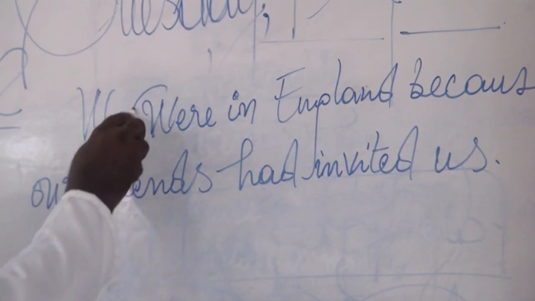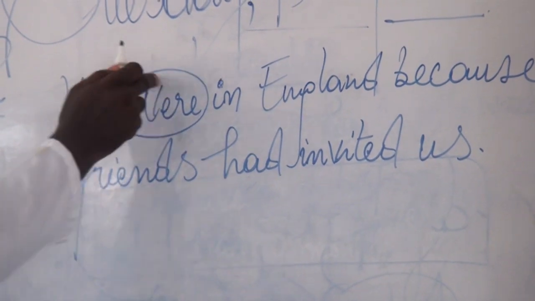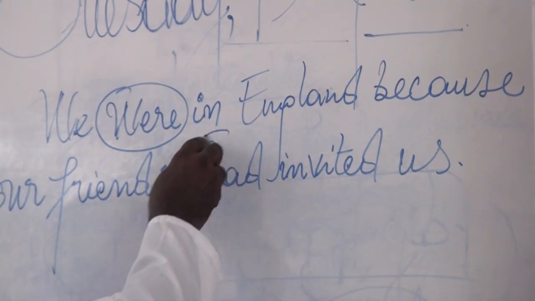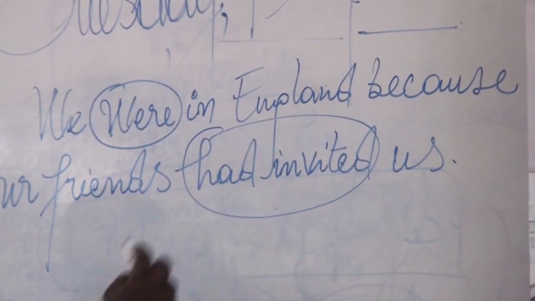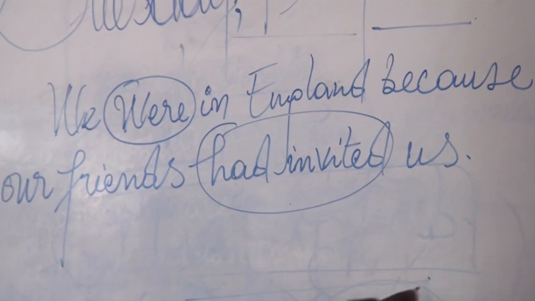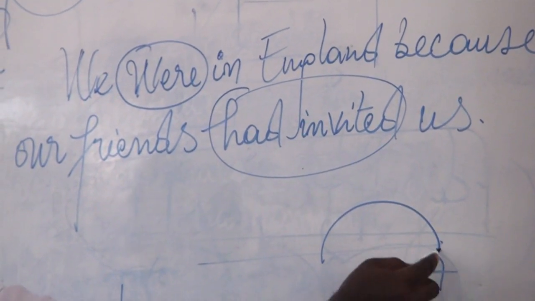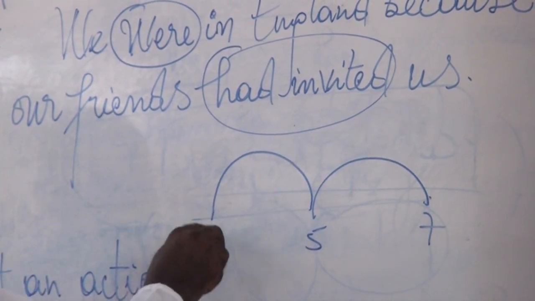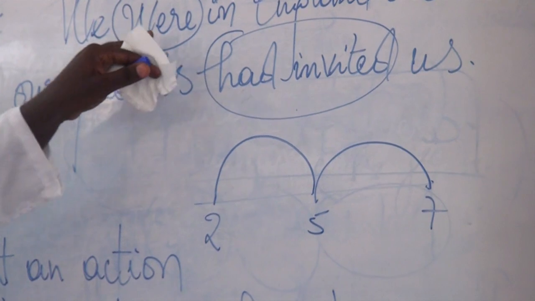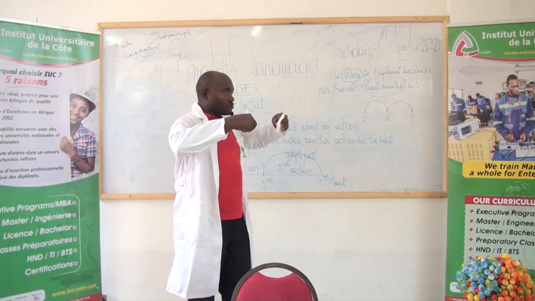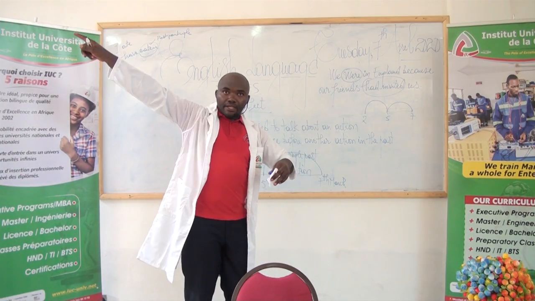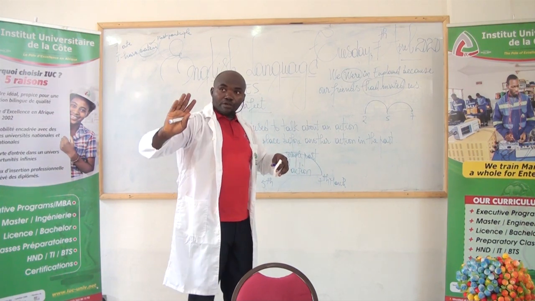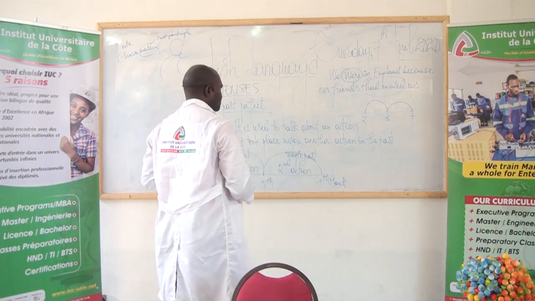We clearly see that here the auxiliary to be is conjugated to the simple past tense, and here the verb to invite is conjugated to the past perfect tense. What does that mean? It means that we were in England on the 5th because our friends had invited us on the 2nd. So our friends invited us before we went to England. Is that okay? Okay, good.